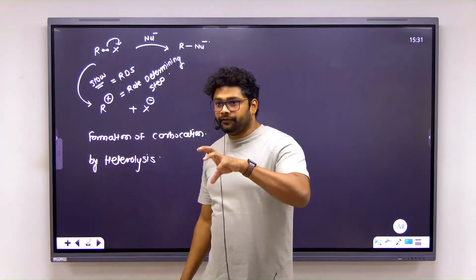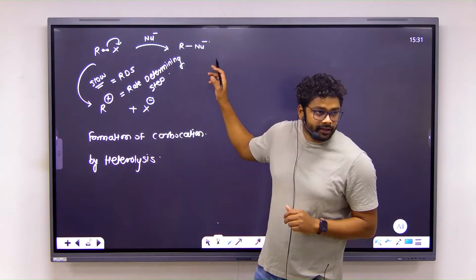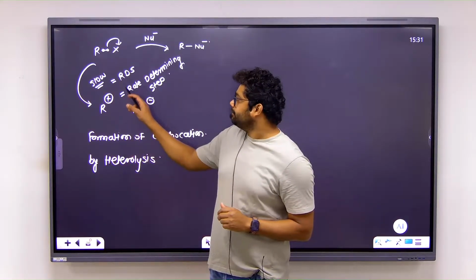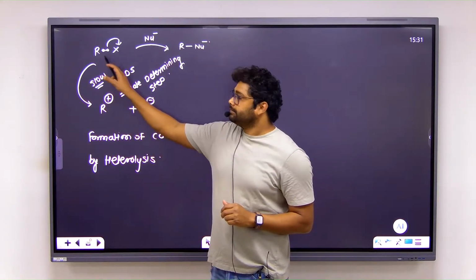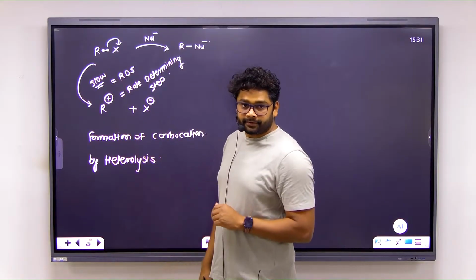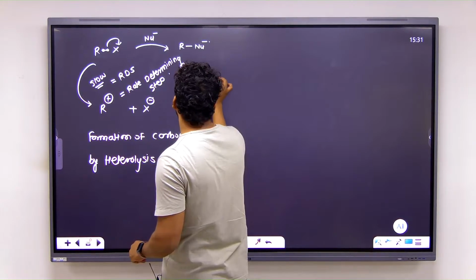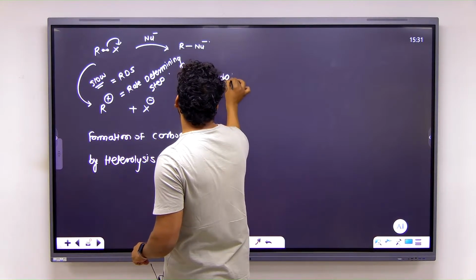The whole rate of reaction of conversion of alkyl halide to what? Alcohol only depends on what? This step, that is Rx to R plus. And the important thing for the first step is that it is endothermic.